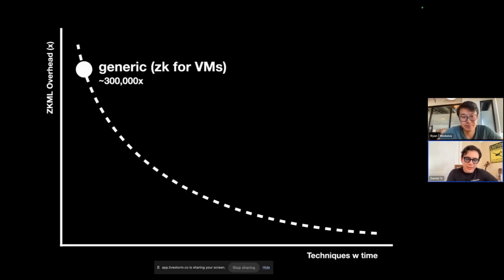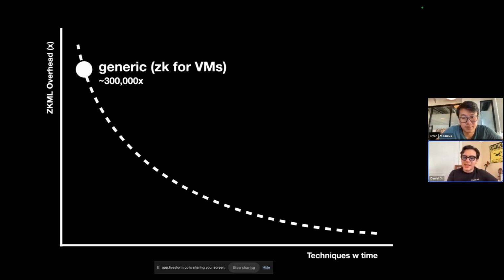So really quickly, just to put some numbers to it, the generic overhead that you can expect, right? If you wanted to prove any AI result using some of the ZK software that's out there in the open source world, the overhead you should expect is probably on the order of 100 to 300,000x, right?